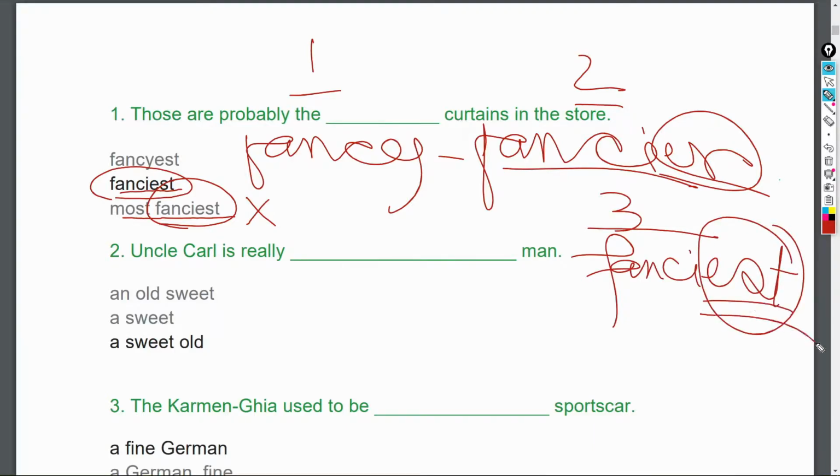That means in a superlative degree EST is normally used.